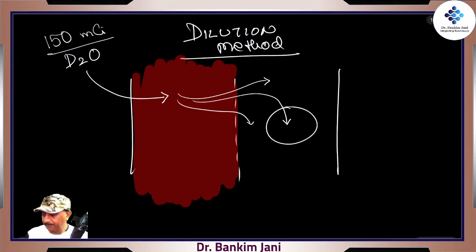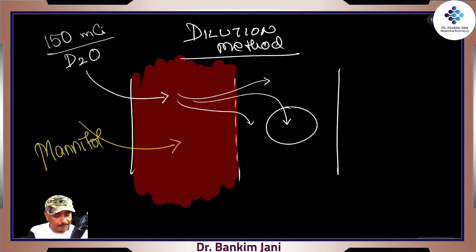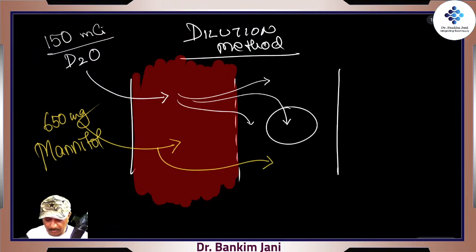Nice one. Next, we inject one more thing. This time we inject mannitol, in a small quantity. Not even 1 full gram, 650 milligram. We inject 650 milligram. Where would it go? It will go into the plasma. It would go into the interstitial fluid, but it won't be able to go into the ICF.